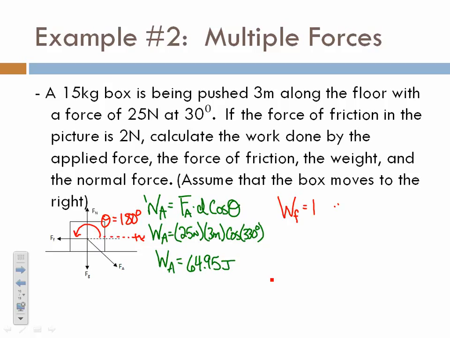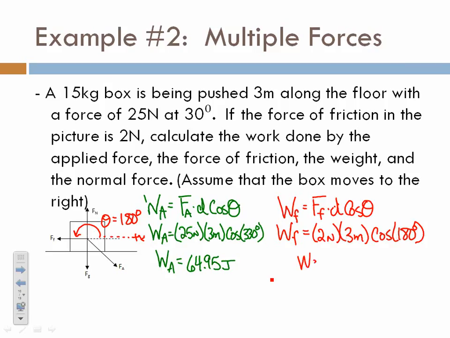That would be the force of friction times the distance times the cosine of the angle for friction. So the work for friction here, we have a 2 newton frictional force, a distance of 3 meters, times the cosine of 180 degrees. And so we get the work that's done by friction is a negative 6 joules.